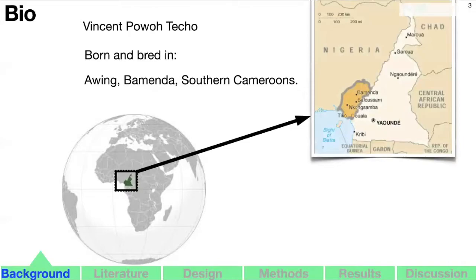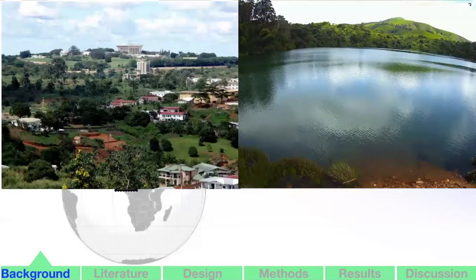It used to be Cameroon. You can see Bamenda on the left side of the map there. And this place is full of very beautiful scenery. On the right, the photo is a lake in my small village. It's called Lake Awin. It's a very interesting lake.